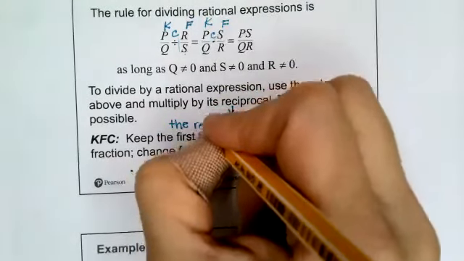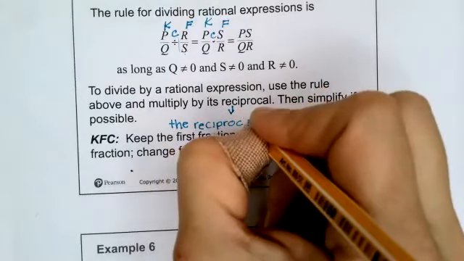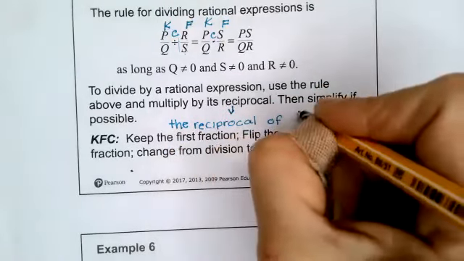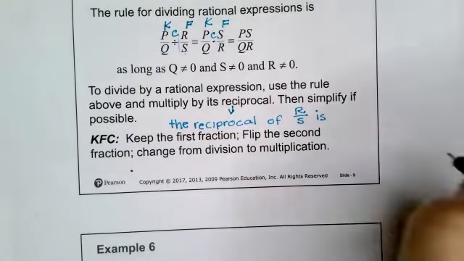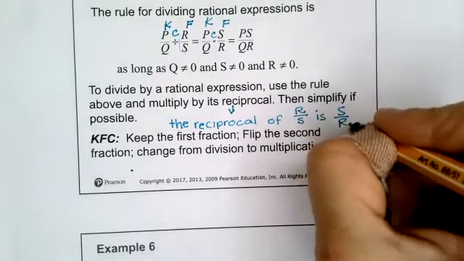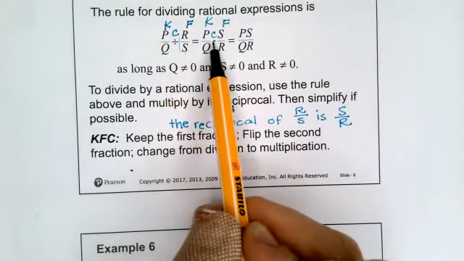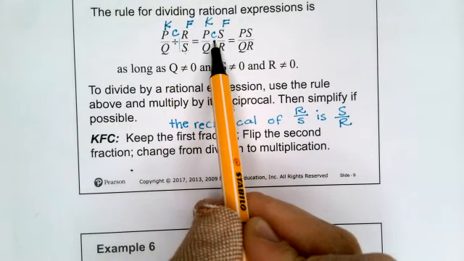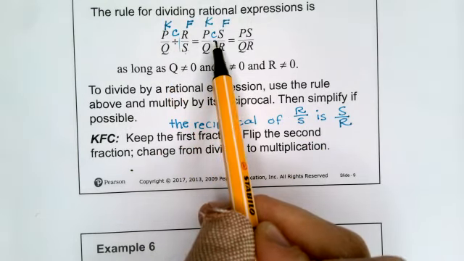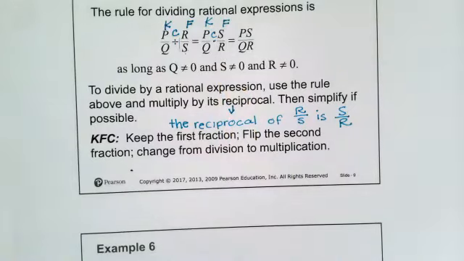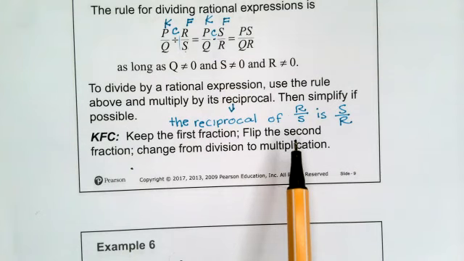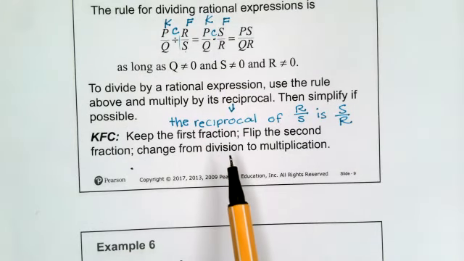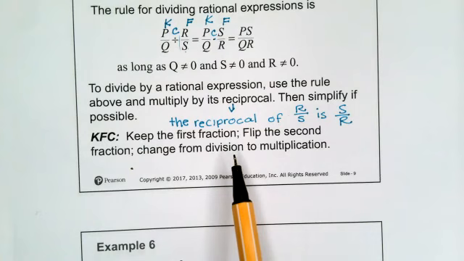So the reciprocal of R over S is, you flip them, S over R. So we're dividing by R over S, which means the same as multiplying by the reciprocal of R over S, or multiplying by S over R. Keep the first fraction, flip the second fraction, change the sign from division to multiplication. Okay.